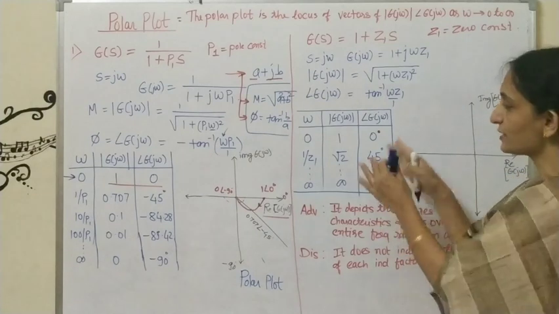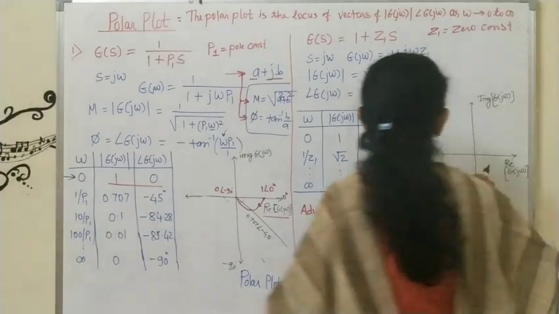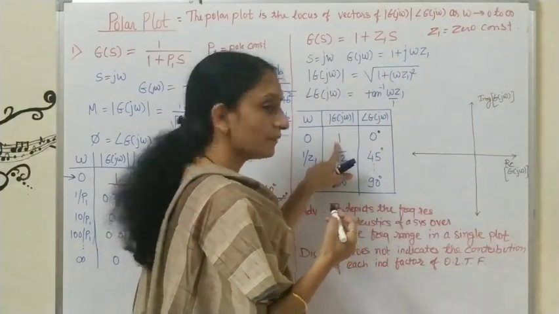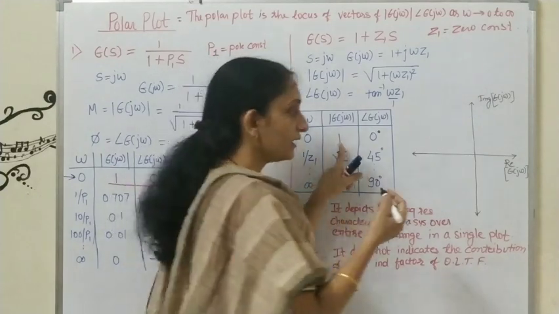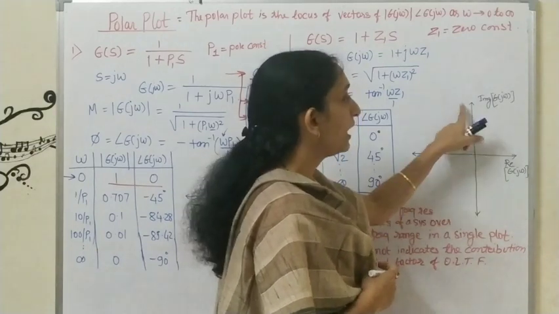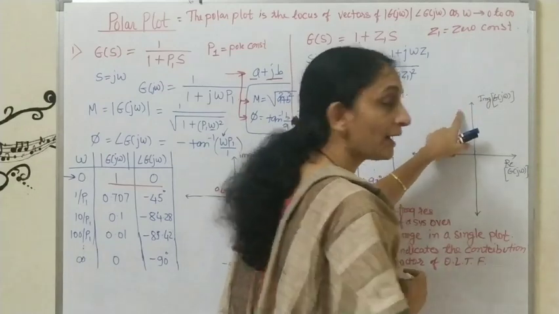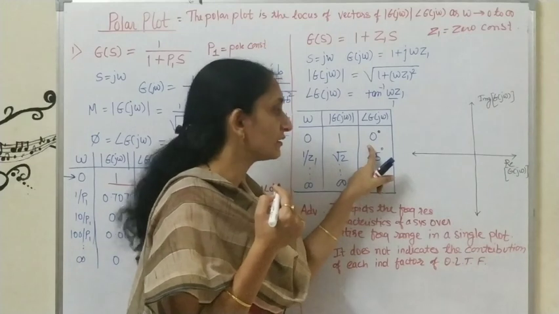So I have completed the table and I will start drawing the polar plot for the real zero. My starting point is 1 at an angle of 0. Again I told you that on the x-axis I have taken the real part of G(jω), and on the imaginary axis the imaginary part of G(jω).